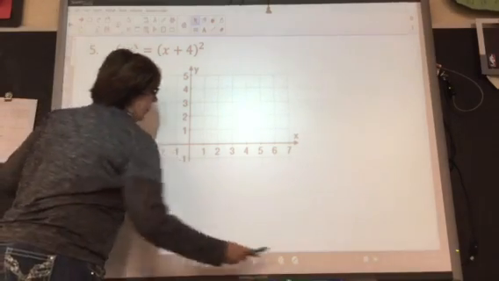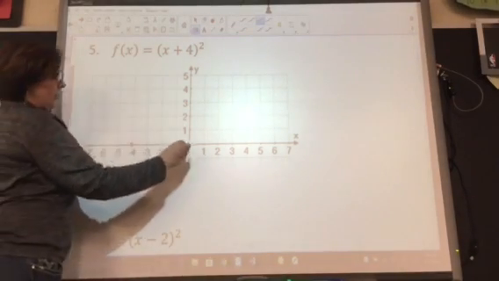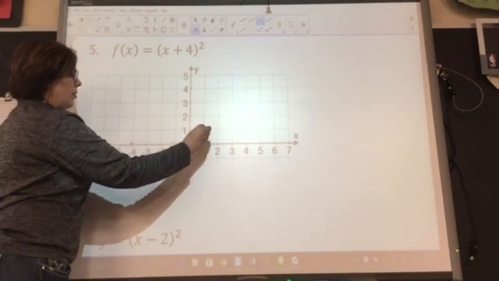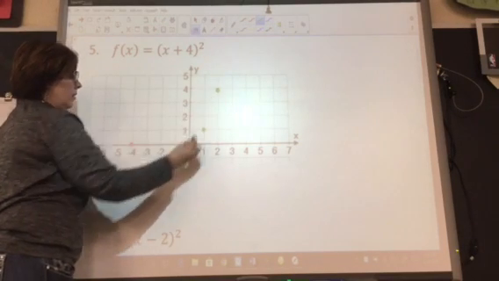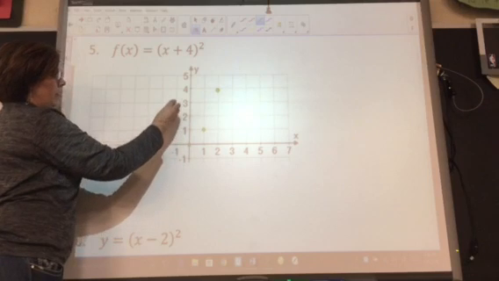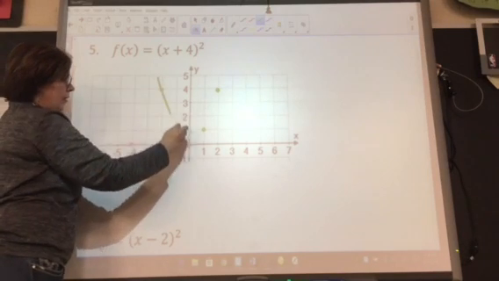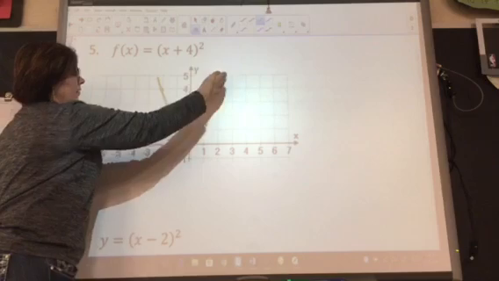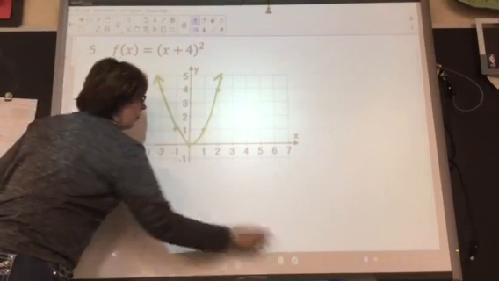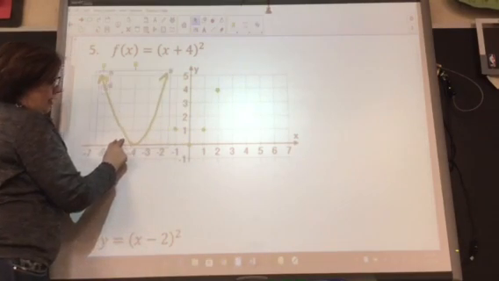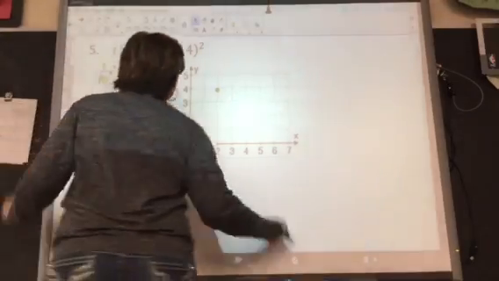Well, let's look at what happens. So here's my parent function, 0, 0, 1, 1, 2, 4, or -1, 1, -2, 4. And I'm taking the vertex and moving it 4 units to the left.